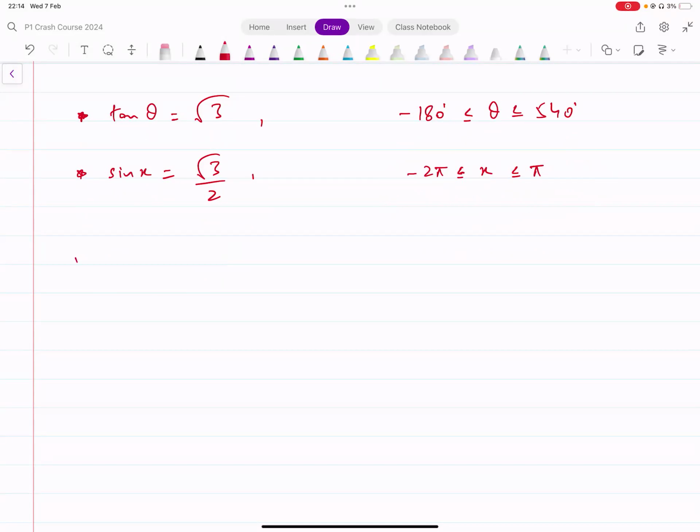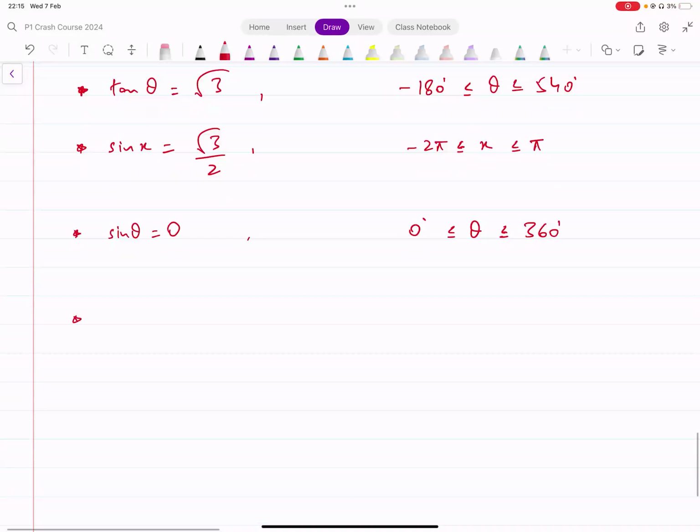Okay. Let me write down another equation. Let's say you have something like this: sine of theta equal to 0, and the interval is from 0 degrees to 360 degrees. It's theta here. And then you could have another example like this: sine of theta equals -1.